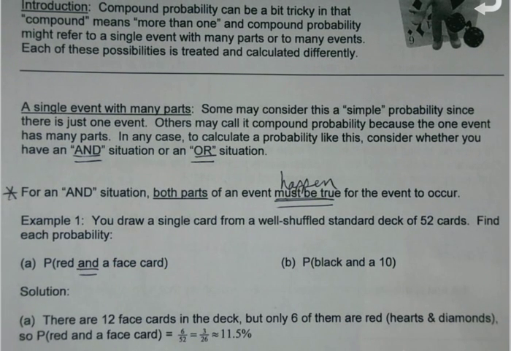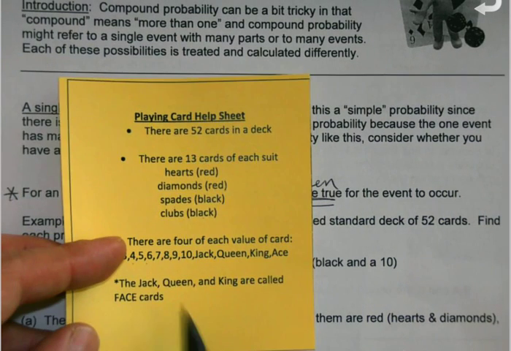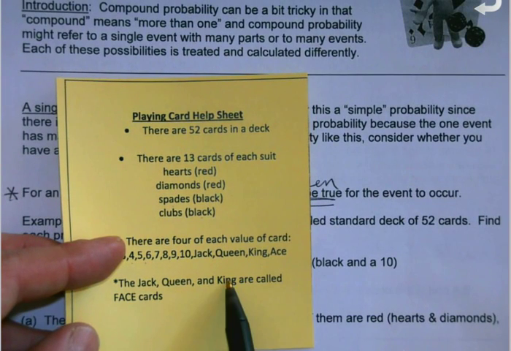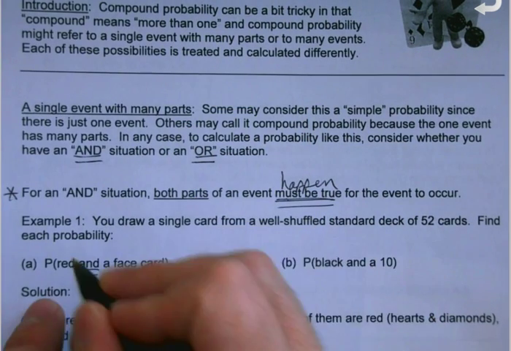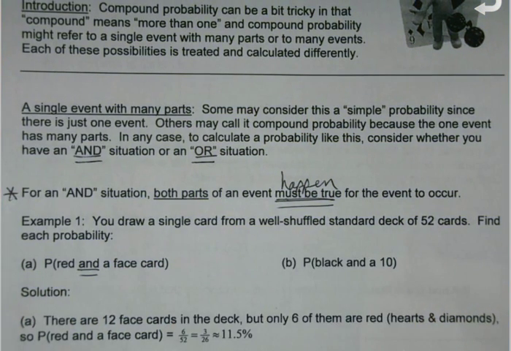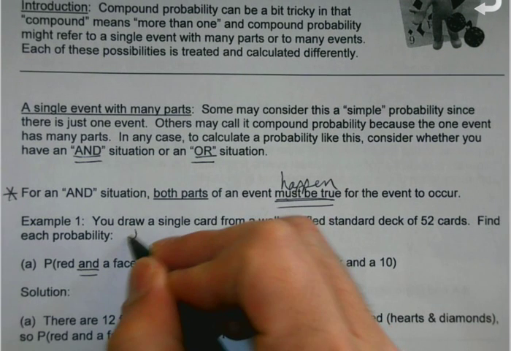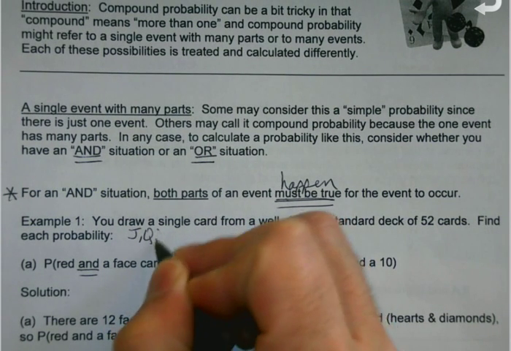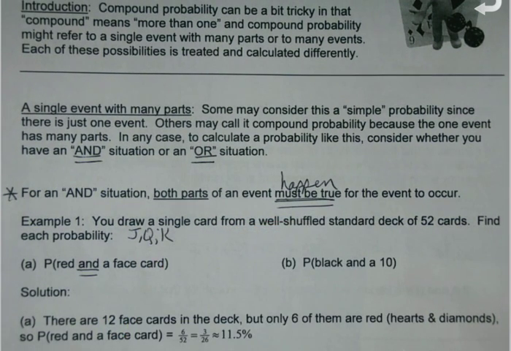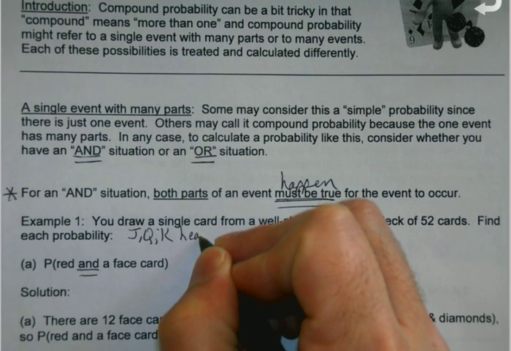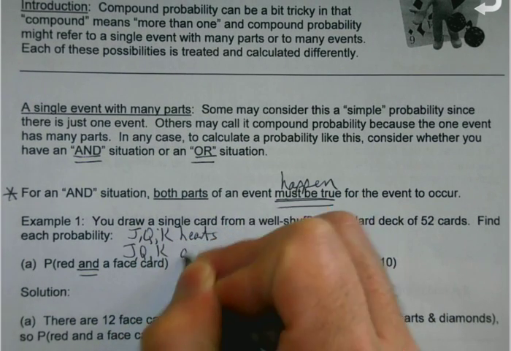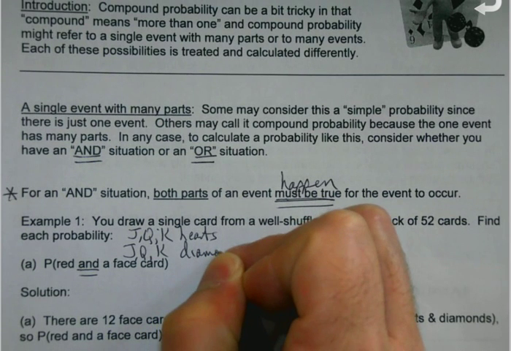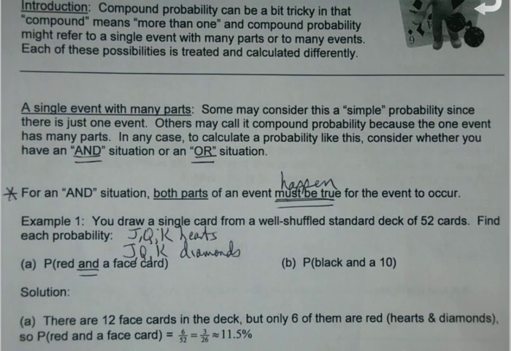So when I look here, I've got to keep all this stuff straight. Face cards are Jack, Queen, and King, and the red ones are hearts and diamonds. So I'd be looking for the Jack, Queen, and King of hearts, and also the Jack, Queen, and King of diamonds.